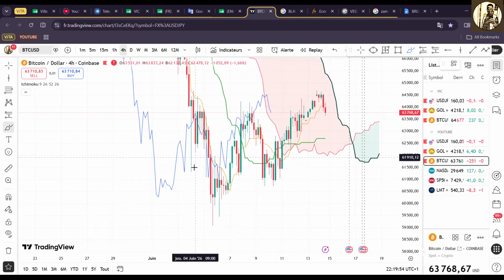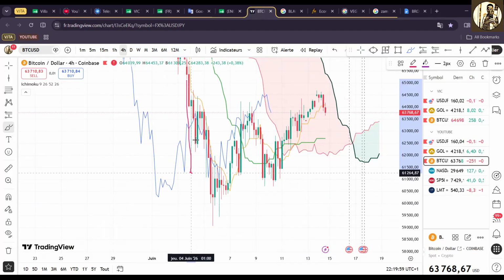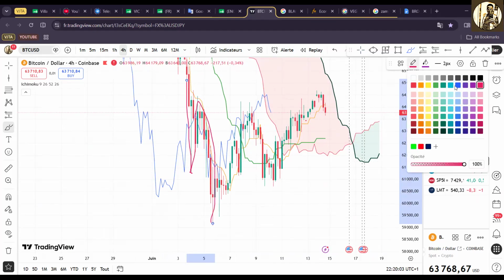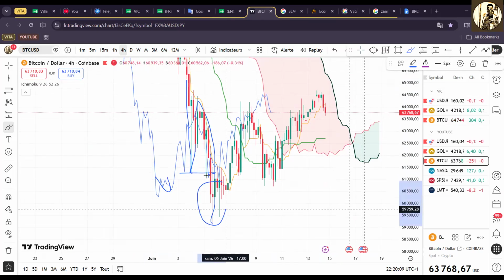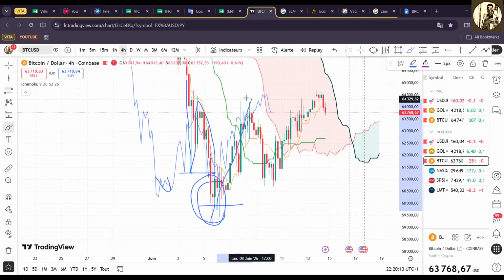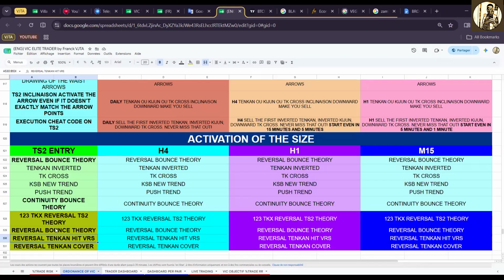You have the fact that the price moved down to this point, moved back up, then moved down again, right? That's what we had. And then this one was a V breaker to the downside. And then this part was a clear buy to the upside to this point. Okay. That is the reversal bounce theory.